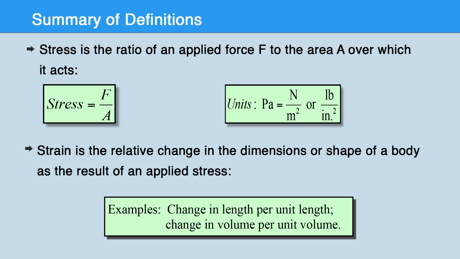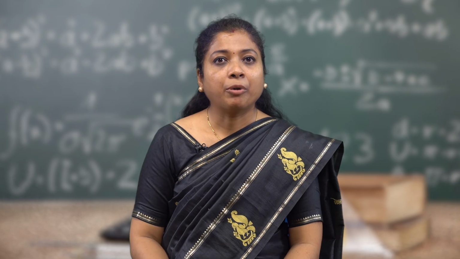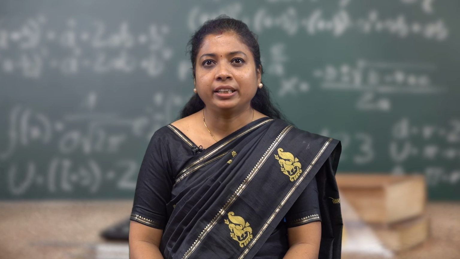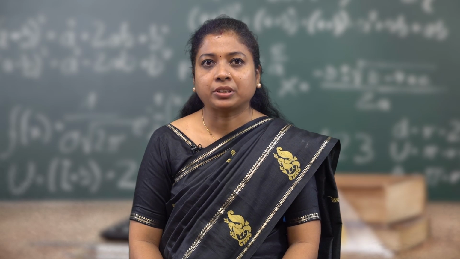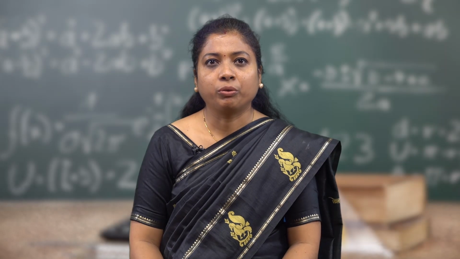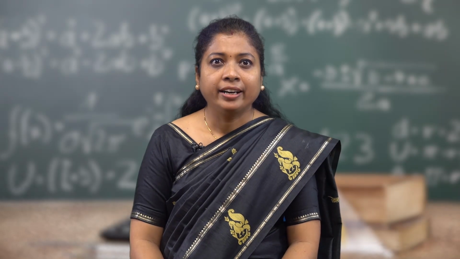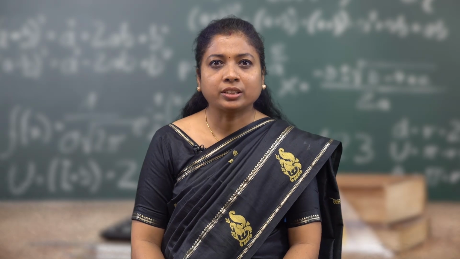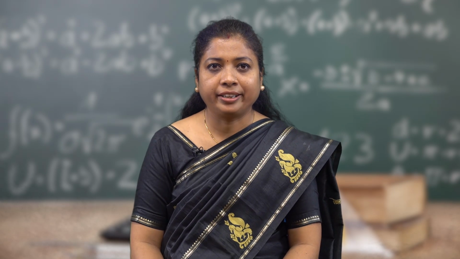The strain is a dimensionless quantity. It is just defined as the relative change in the shape. Types of strain. Strain experienced by a body can be of two types depending on the stress applied, as follows. First is the tensile strain, that is also known as the longitudinal strain.